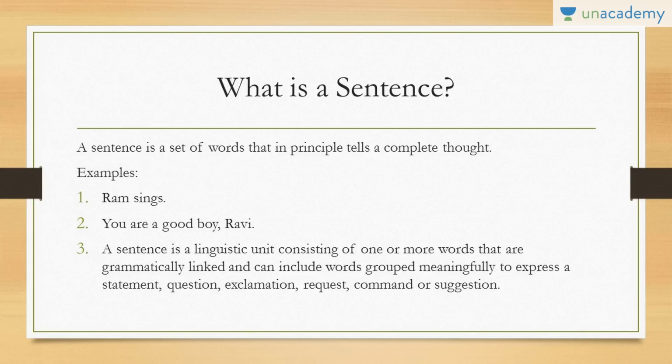And it can be something as complex as you're seeing here: a sentence is a linguistic unit consisting of one or more words that are grammatically linked and can include words grouped meaningfully to express a statement, question, exclamation, request, command, or suggestion, right? So as I said, it can be as small as a two-worded sentence, or as huge and complex as this. But what are we trying to prove by talking about these things?